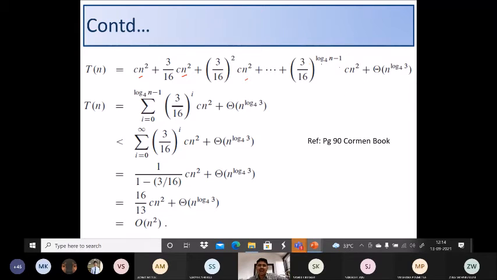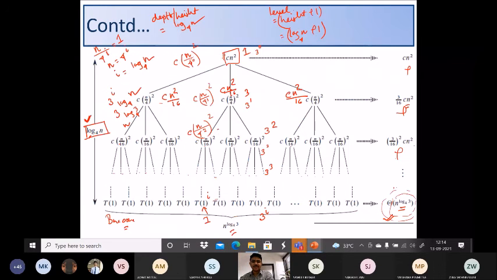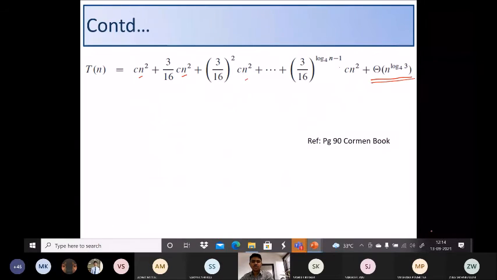You will ask me why log 4 n minus 1? It should be log 4 n, right? No, it is minus 1 for this sum, and for the last step I know the value separately. Check. Up to the step before it I should get some value, plus the cost of the last step.